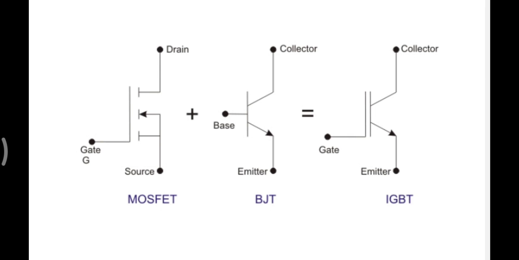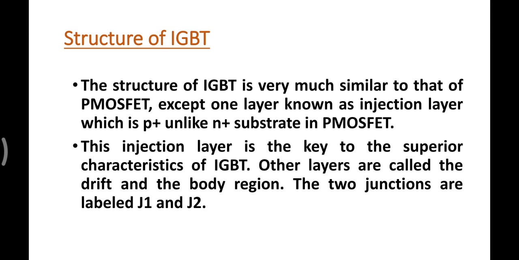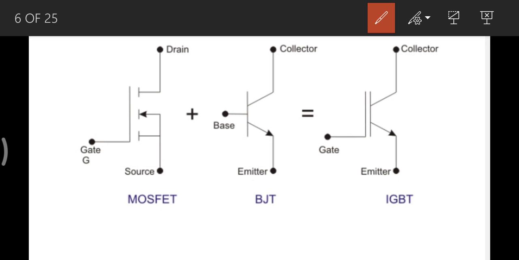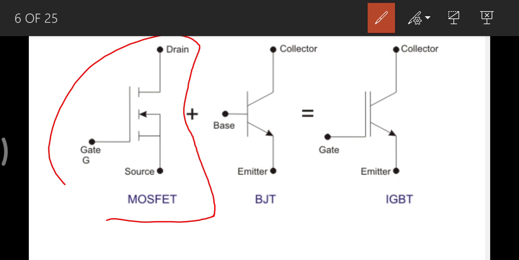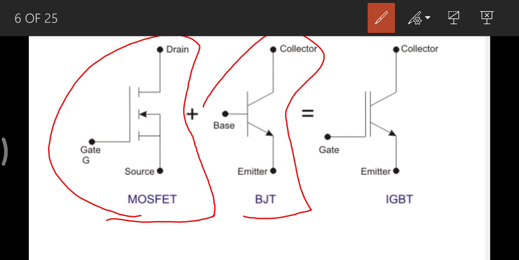Here, this is the general symbol of the MOSFET, and this is the general symbol of the BJT.